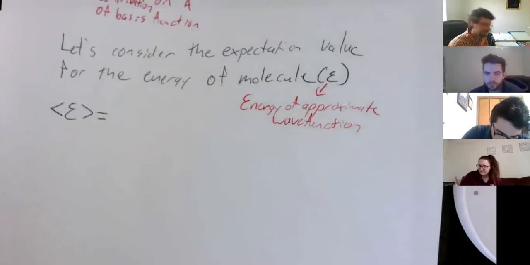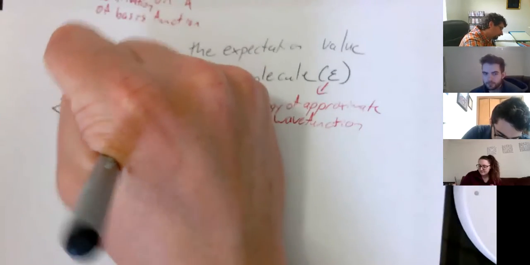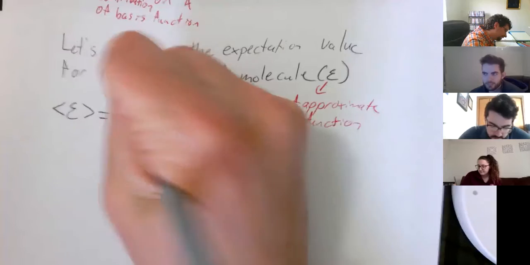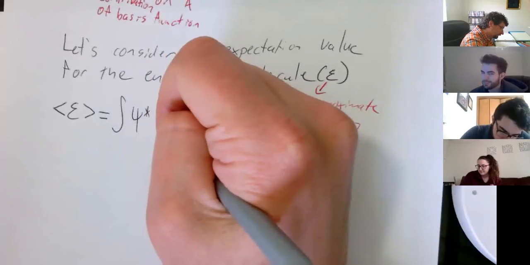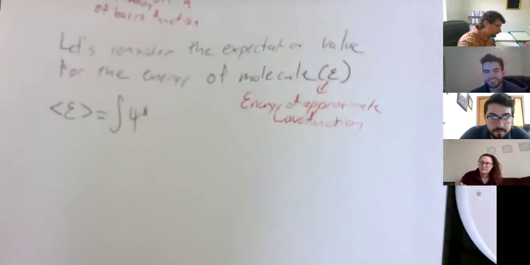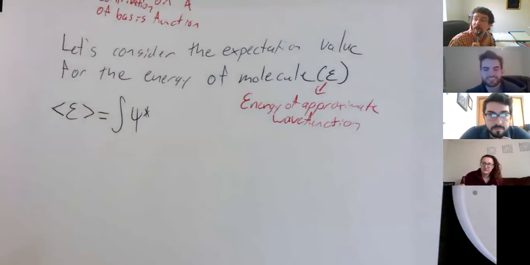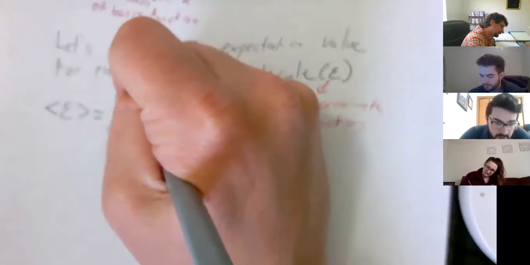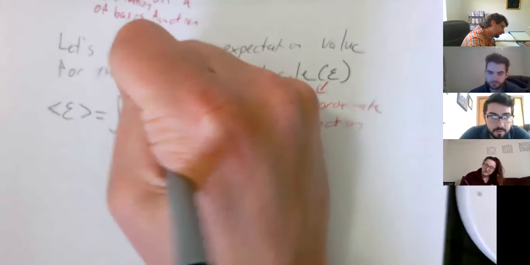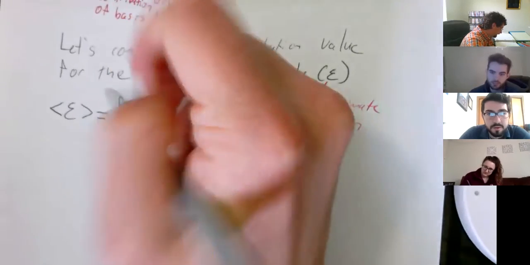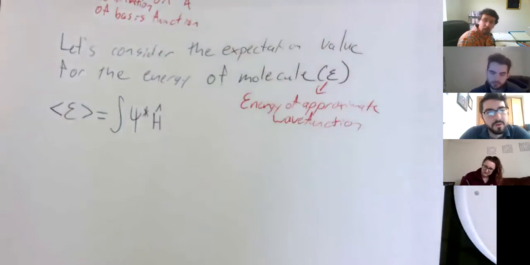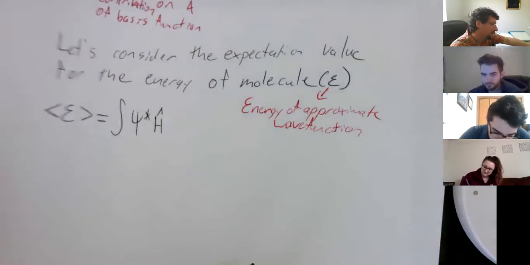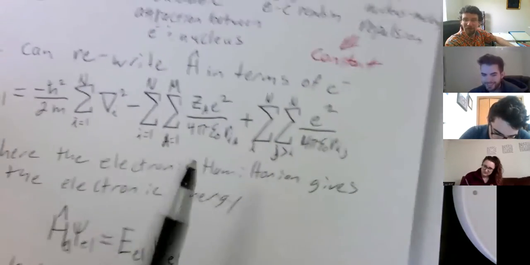It's going to be just the integral of psi star, and then, is there an operator? There is an operator for energy, right? It would be the whole Hamiltonian, H squared over 2m. Oh, wait, no. We're just going to put H in total there. We're not going to write it out 20 million times.